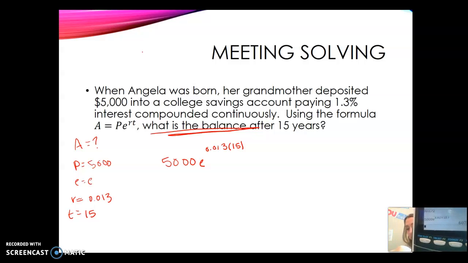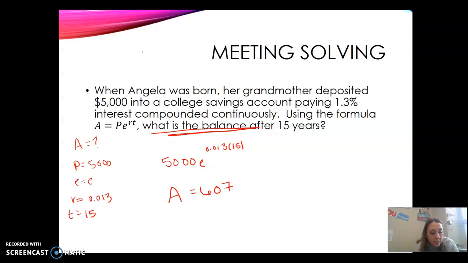So 5,000 times e to the 0.013 times 15, and you get the answer of $6,076.55.